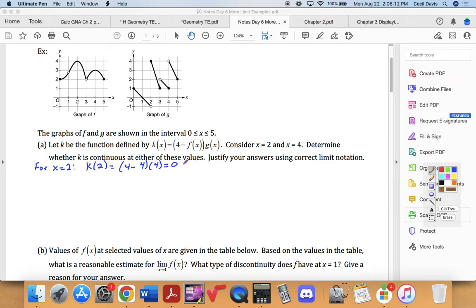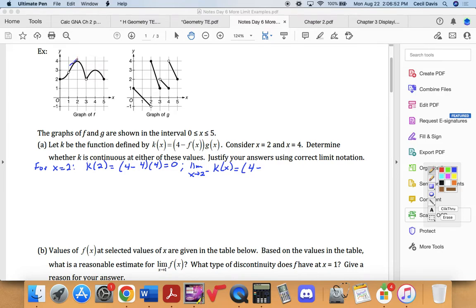Step 2, I need to find, does the limit exist? And almost always on these, it's best to just go ahead and start with looking from the left and looking from the right. Because if the limit from the left and the limit from the right disagree with each other, then the limit doesn't exist. So the limit as x approaches 2 from the left of k of x is going to be equal to 4 minus, as x approaches 2 from the left, what does f of x approach?